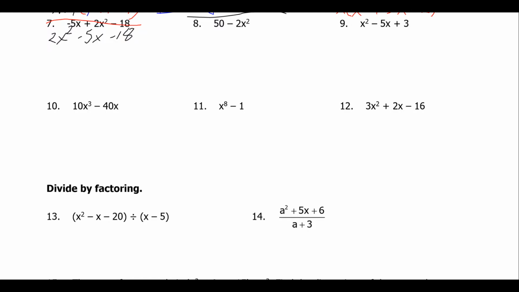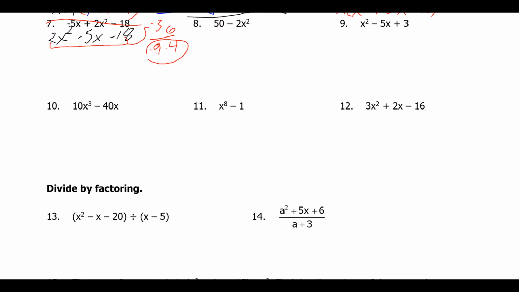Alright, now, I'm going to multiply my 2 and my 18, and that's going to give me negative 36. Okay, now what multiplies to give me negative 36, but adds to give me negative 5? Well, let's see, I got negative 9 and 4.